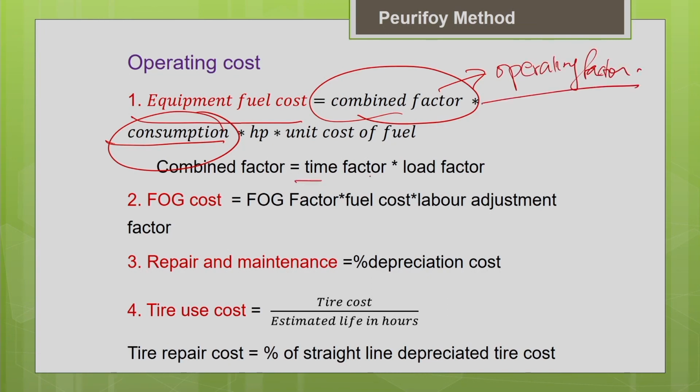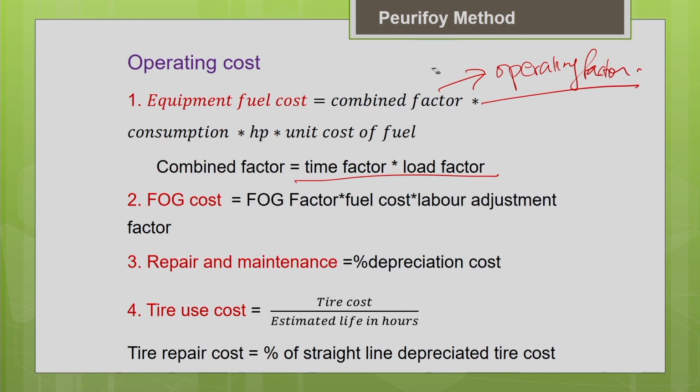So according to your time factor and the load factor, you have to adjust the fuel consumption value taken from that literature. Multiply it by the operating factor so that you can get the consumption for your project conditions. Then you have to multiply it by the horsepower of the engine and the unit cost of the fuel. This will give you the hourly equipment fuel cost.